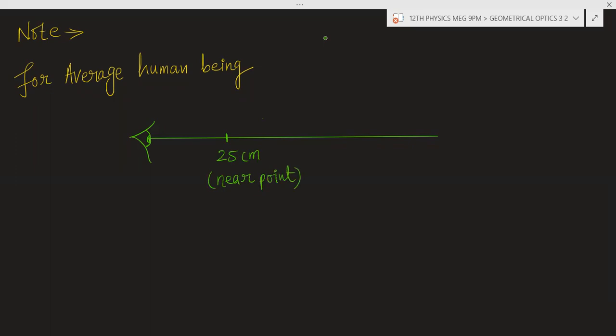The maximum distance up to which this eye can see is infinite, and this distance is known as the far point.